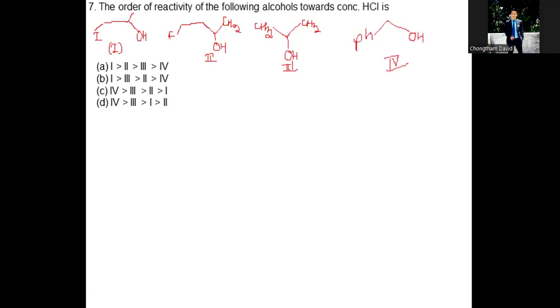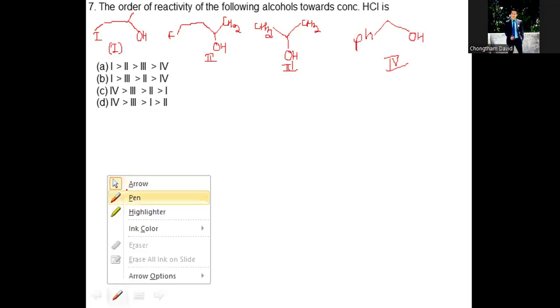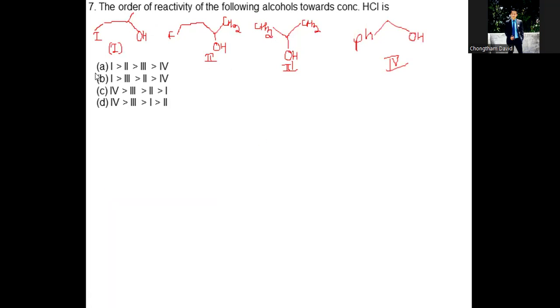It asks you the order of reactivity of the following alcohols towards concentrated hydrochloric acid. We are given some structures here of alcohols. You have primary, secondary, tertiary. Remember the stability of the intermediate carbocations.